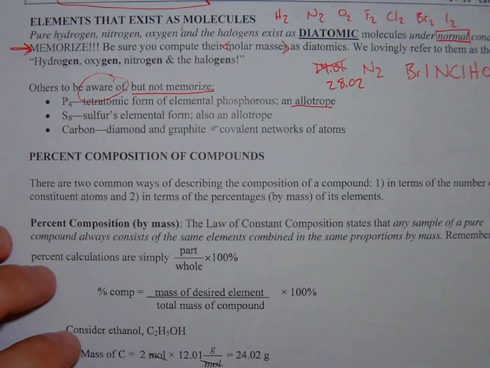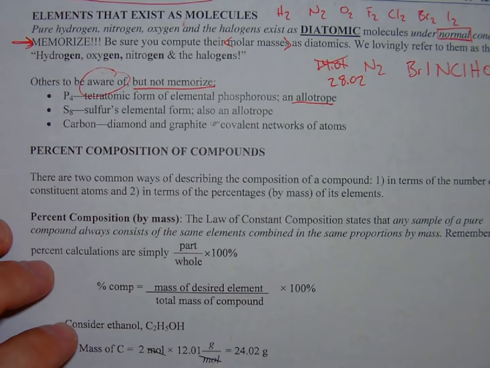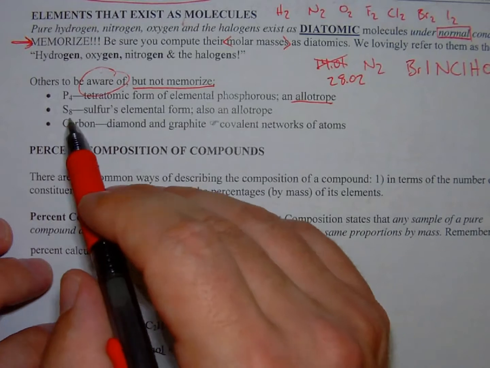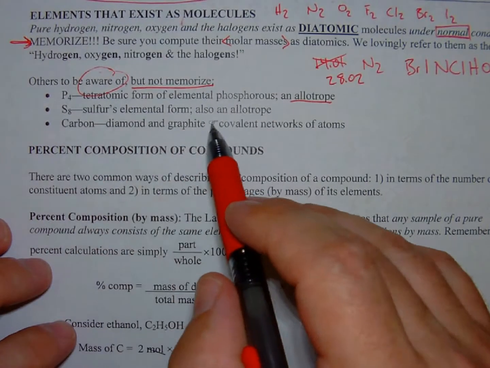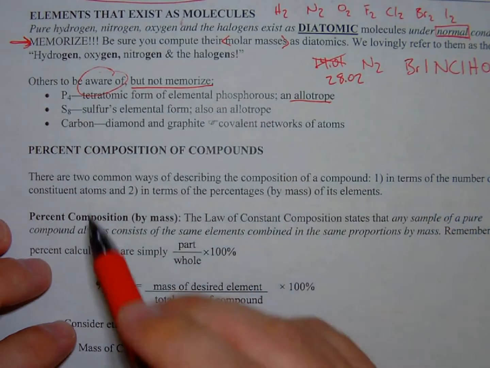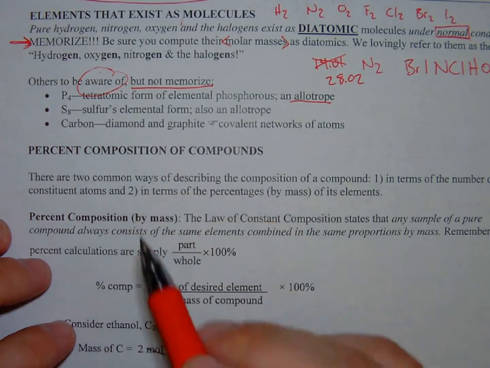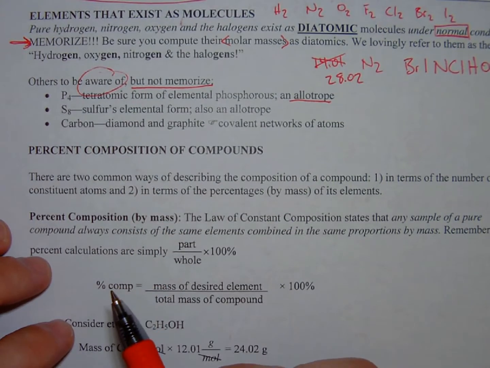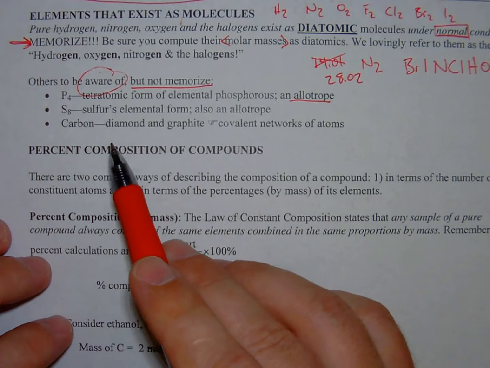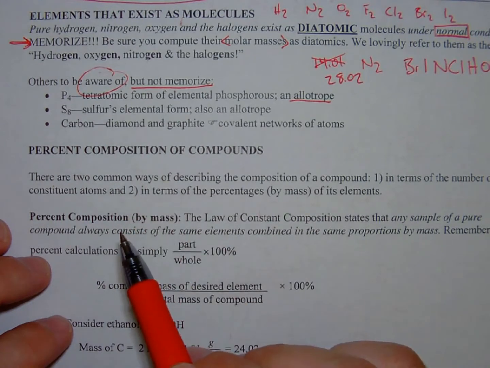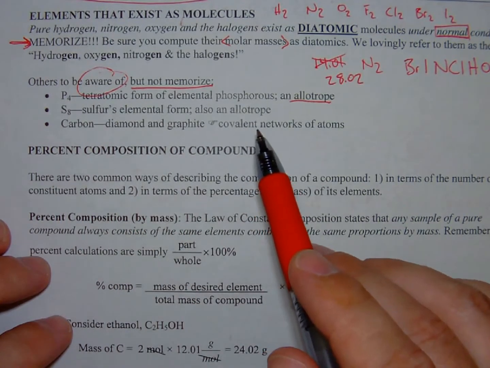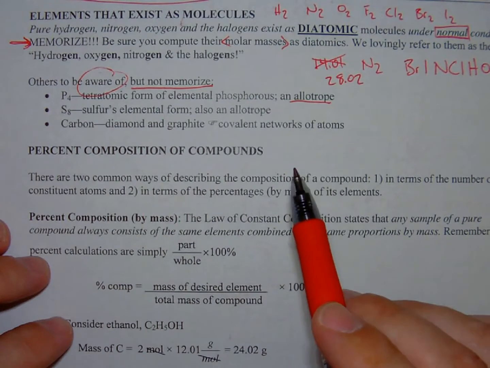They're bonded together in three-dimensional space in a slightly different way, even though it's all phosphorus. S8, right? Sulfur's elemental form, also an allotrope. Carbon, diamond, and graphite are things that you've heard of. They're both pure carbon. However, they are arranged in three-dimensional space in different ways, different covalent networks of atoms.